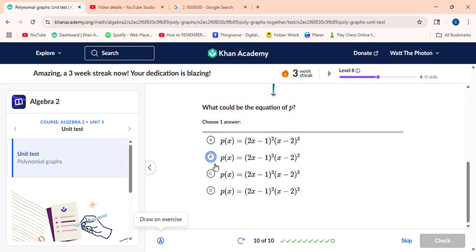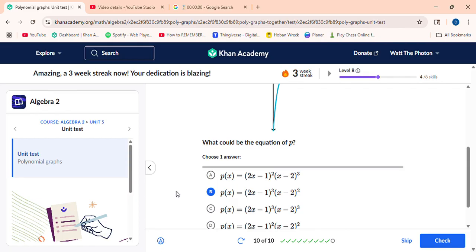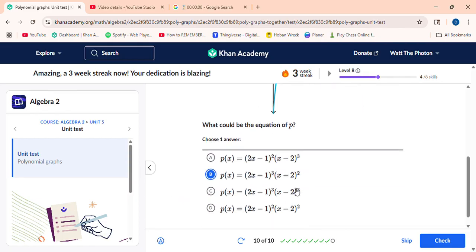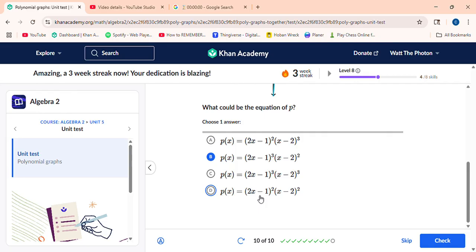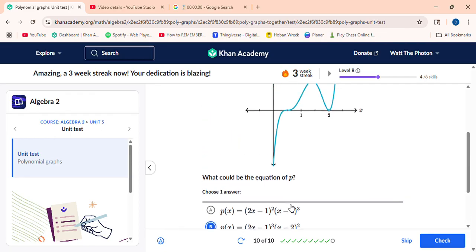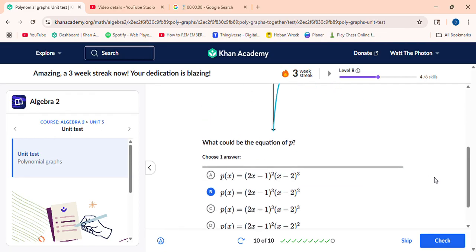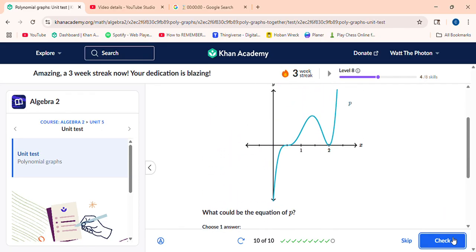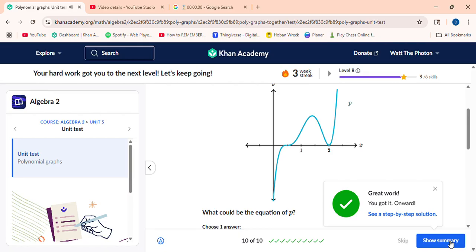I think it's this. Because it touches 2 twice, it makes sense it should be squared. And I'm very confident that this is right. 0.5. Woo!